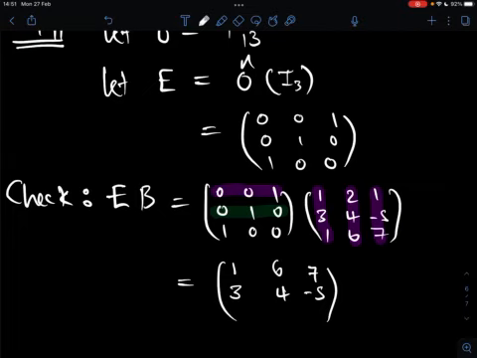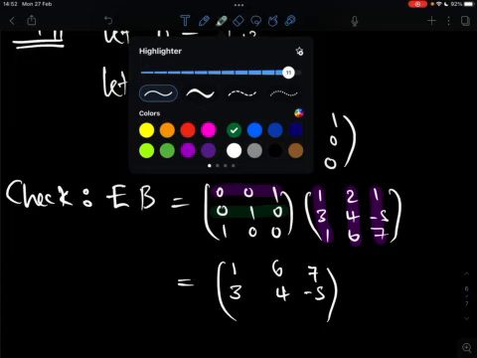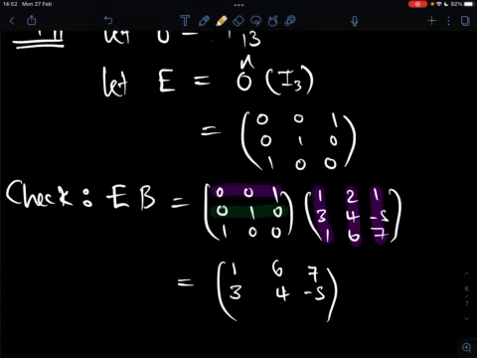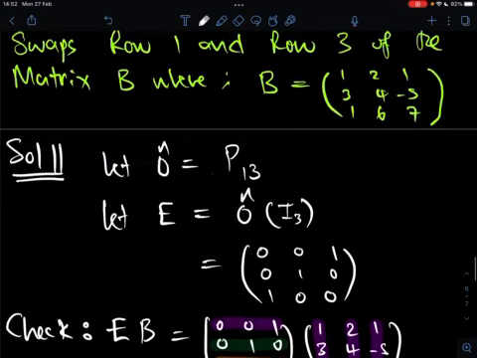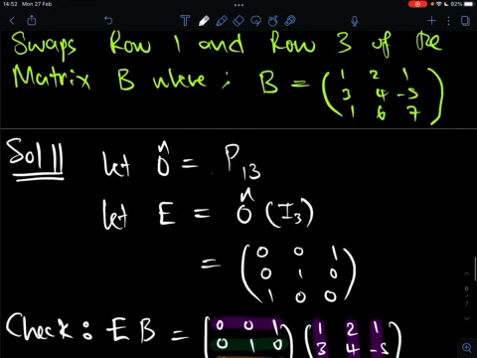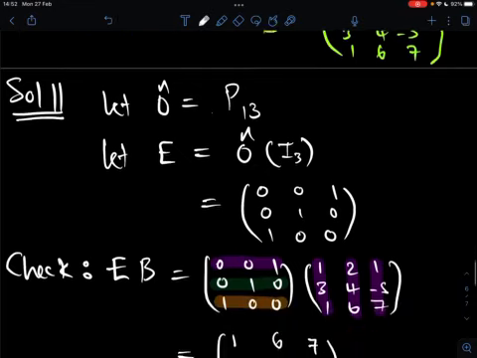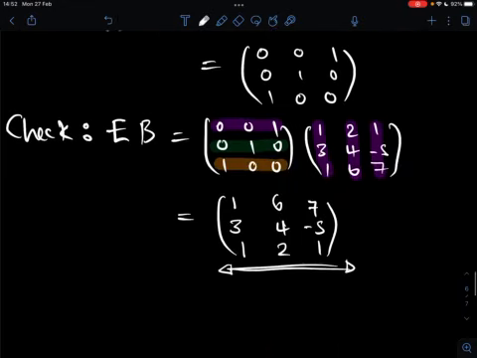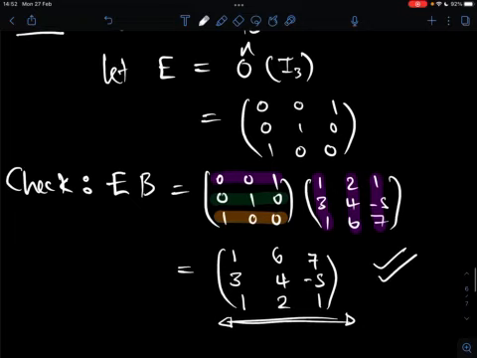Then I take the last part, which is this, and multiply everything else. What do I get? I see here that only the first terms survive, so I get 1, 2, 1. So this gives us exactly what we expect when we switch. If you look here, if you switch row 1 and row 3, this is exactly what you will obtain. So this implies this is the correct elementary matrix.